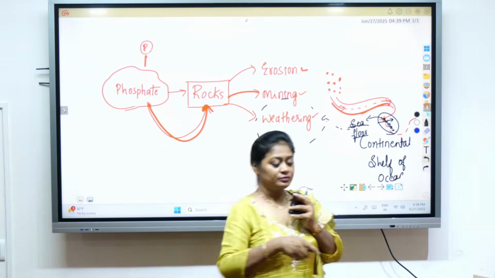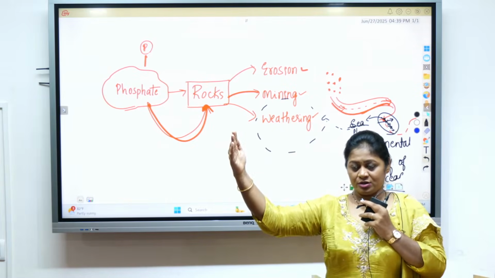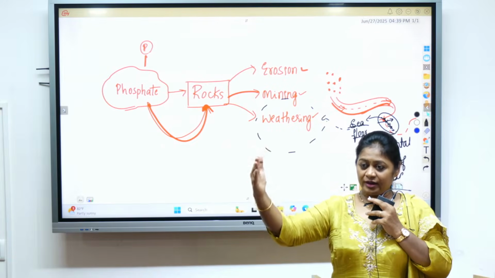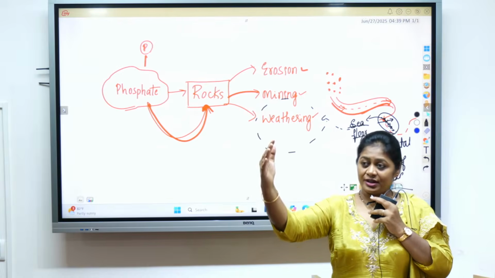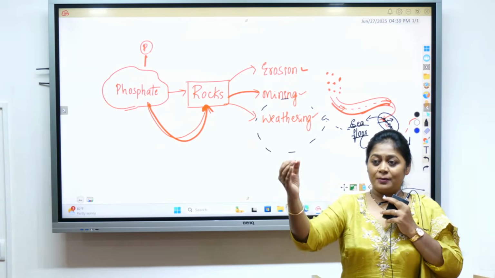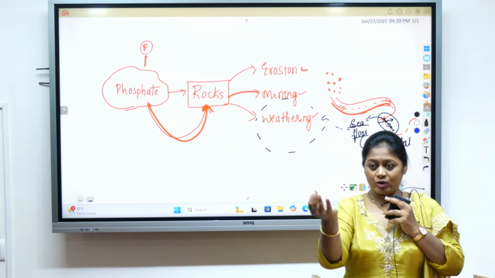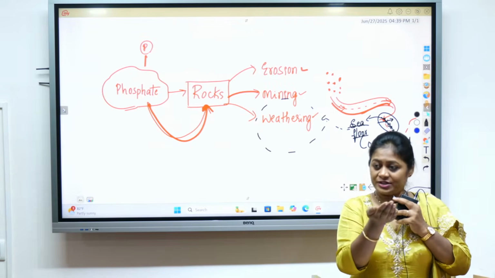Listen, phosphorus is present in the form of phosphate stored in rocks. Due to weathering, mining and other erosional or denudation activities, it gets released and combined with river water. When river water reaches the ocean, it gets deposited on the continental shelf.